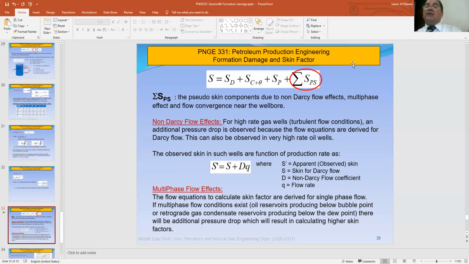I'm talking about the pressure drop required more than the one that can be calculated by the regular flow of fluid in the porous medium, the one that can be calculated by the Darcy law, or the inflow performance relationship without skin factor. This is the ideal pressure drop. Whatever the pressure drop more than the ideal pressure drop, this would be part of the skin factor.